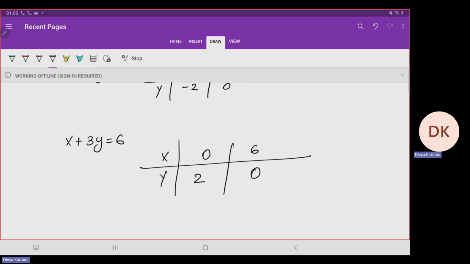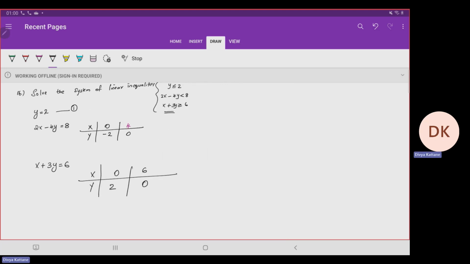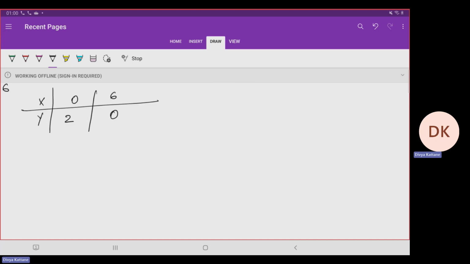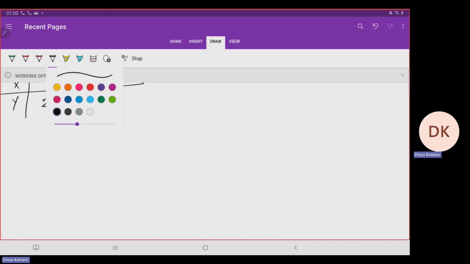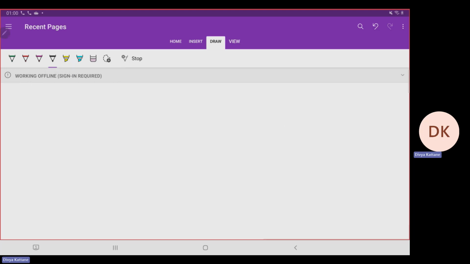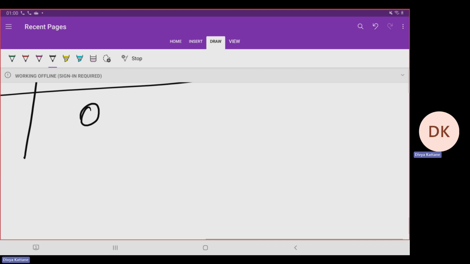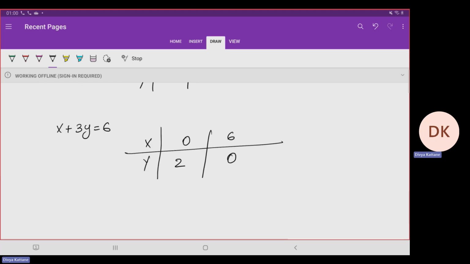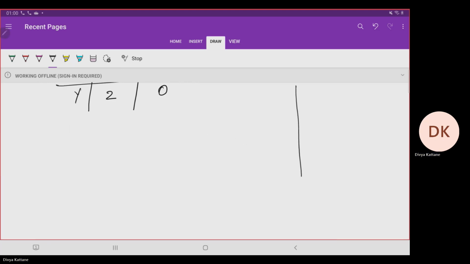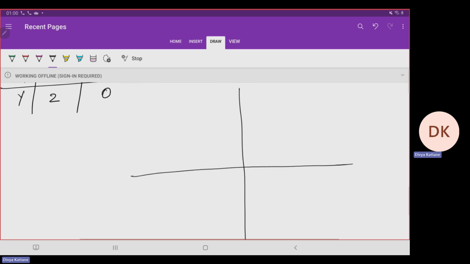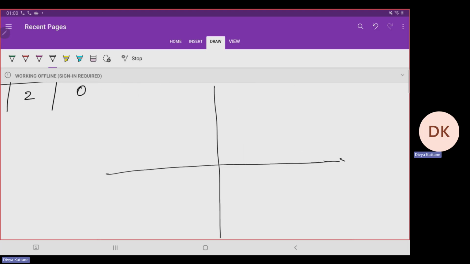Now we can draw the graph using this. For drawing the graph, you need two axes. Sometimes the graph will be given, mostly the graph will be given in the question. Otherwise, you need to draw the graph yourself. So you need two axes, the x-axis and y-axis. This is your x-axis, this is your y-axis.